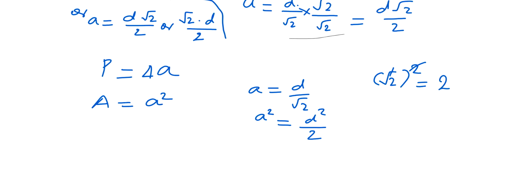When we squared this, the numerator became d square and the denominator root 2 became 2. So instead of area, we have one more formula, d square by 2. Sometimes it will be helpful, and it is easy to calculate. Got it?